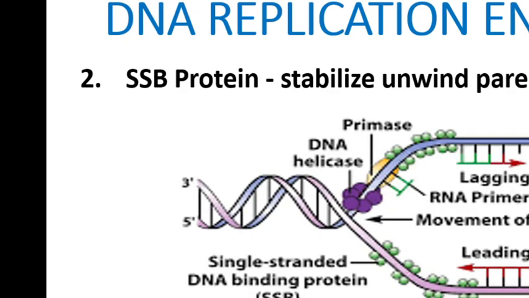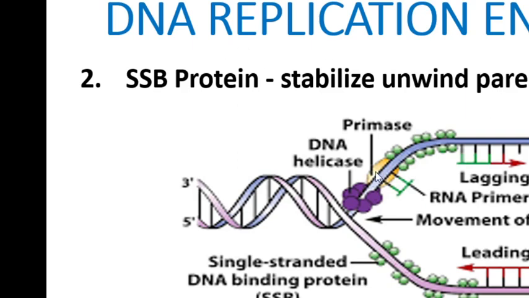Okay, we have next your SSB protein. It is your single-stranded binding protein, which is the one responsible for stabilizing your whole sequence. While we are uncoiling the DNA, we want stability, so dapat ang strand ko straightened, as you can see here.